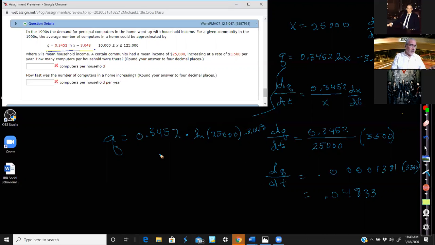So let's turn the calculator sideways. So I have a natural log. Let's clear out. I'm going to take the natural log of 25,000. I get 10.1266. I'm going to multiply that times 0.3452.